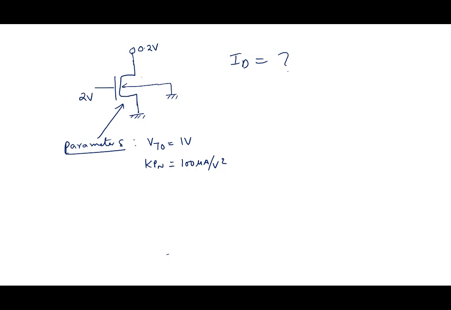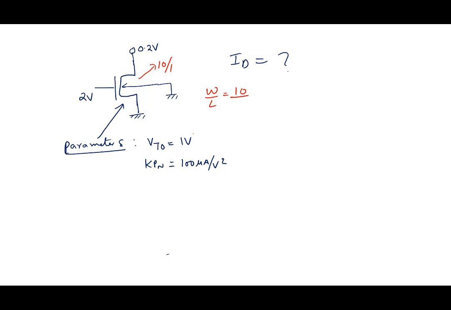Next to the MOSFET we indicate 10 by 1. When we write like this, 10 by 1, it means W is 10 micron and L equal to 1 micron. 10 by 1 basically means W by L equal to 10.